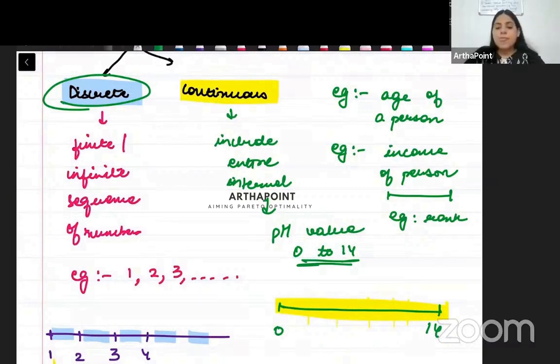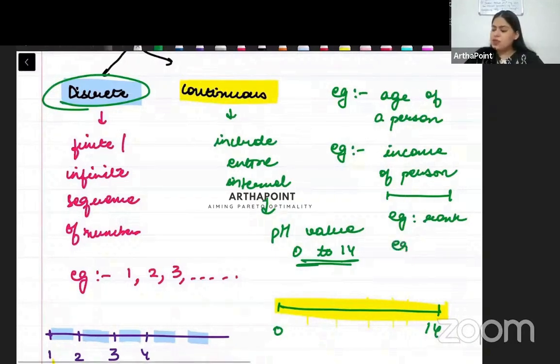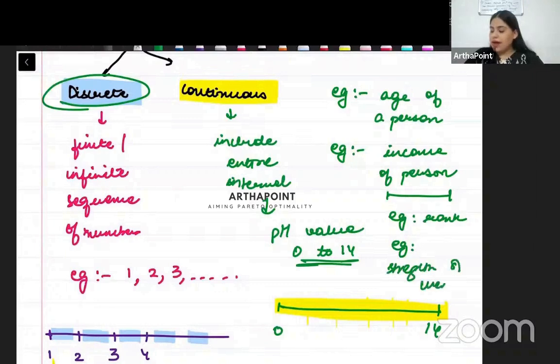Anything that I will be measuring, for example, many books talk about the strength of a chemical, how easily or difficult it is to break a chemical. When I talk about strength of a chemical, it is in decimals also, it is continuous.